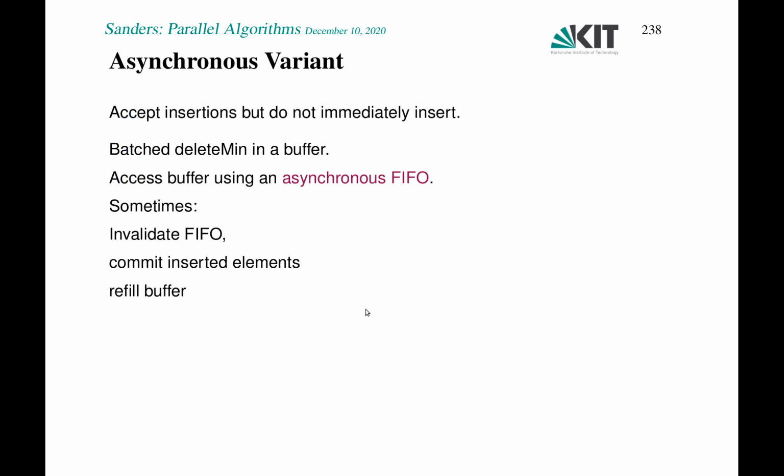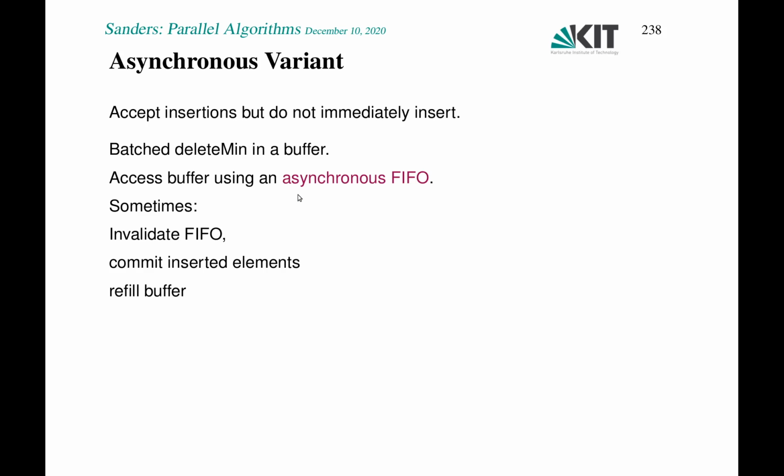So now let's think about an asynchronous interface, right? So insertions are no problem in this setting. We just send data to random queues. We can also do that in a shared memory setting by locking a queue and inserting data there, something like that. We can also use the batch delete min to fill a buffer of small elements.